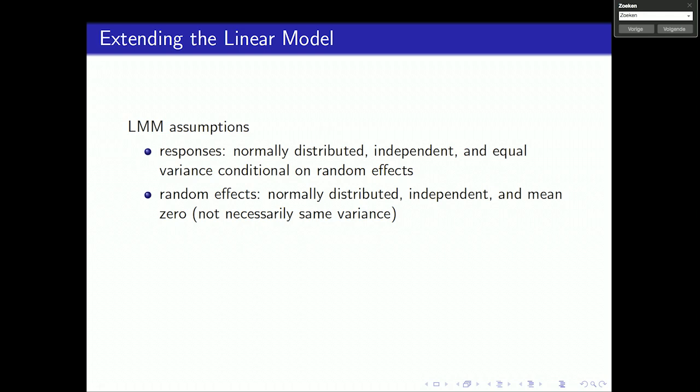For the responses, we assume that they're normally distributed, independent, and have equal variance, conditional on the random effects. Once we condition on the random effects, we assume they're independent. For the random effects, we often assume that they're normally distributed, have mean 0, and have some variance, and the variance doesn't necessarily have to be the same for all of the random effects.